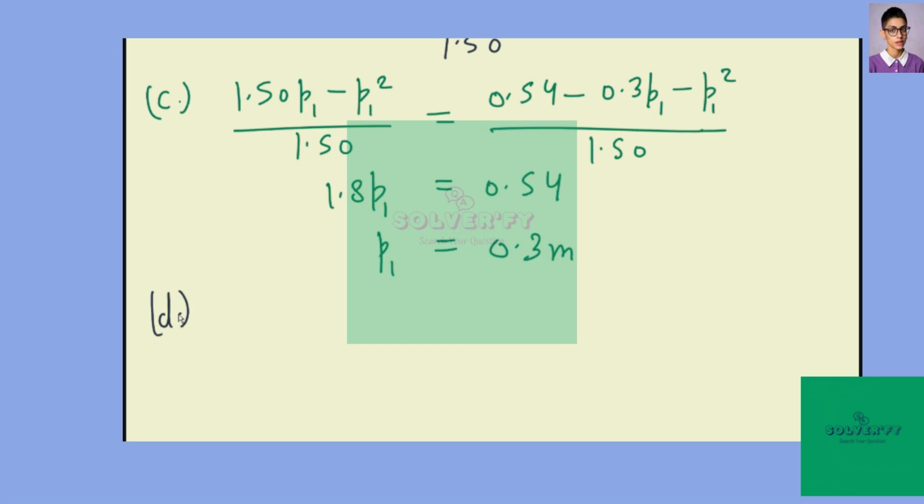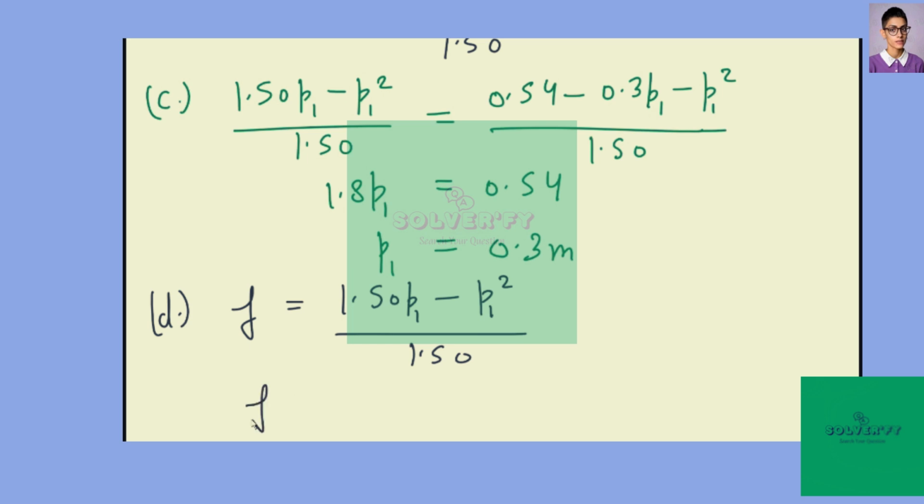So here, now using the focal length relation in part A, we can calculate the focal length. Therefore, we have F equal to 1.50 P1 minus P1 square divided by 1.50.